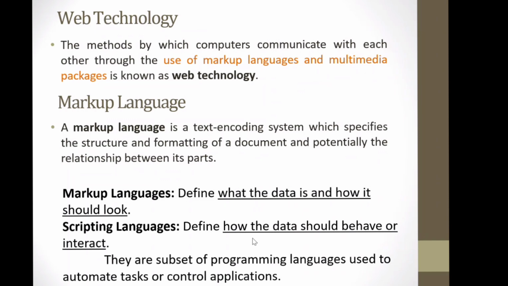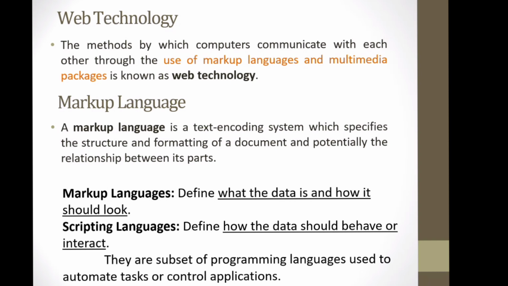But how data should behave, that is decided by the scripting language. And scripting languages are basically used for automation purposes. What data should get shown is decided by markup language, and what data should do is decided by the scripting language. What will be the role of data, how it will react, how data will communicate with each other. For example, we have a form, we click on some button, and we get a pop-up window.